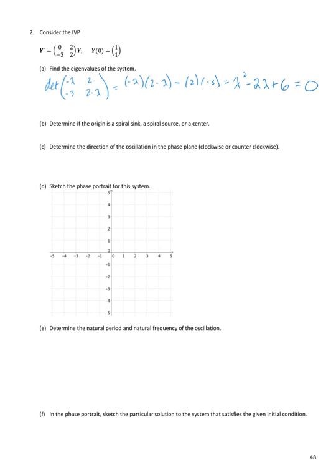I don't think that factors, so I'm going to use the quadratic formula. Lambda would be 2 plus or minus the square root of 4, that's the negative 2 squared, b squared, minus 4 times a, which is 1, times c, which is 6, all over 2a, so 2. So this is 2 plus or minus the square root of 4 minus 24, which is negative 20, over 2.